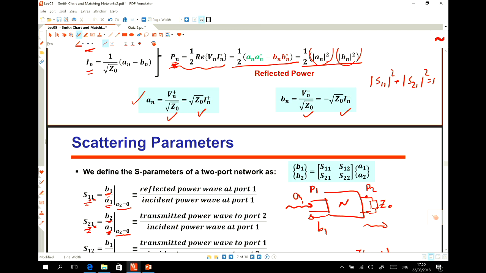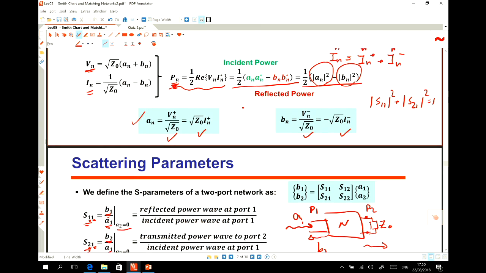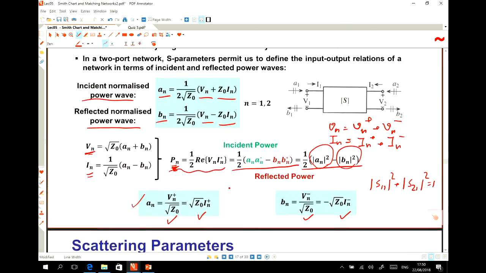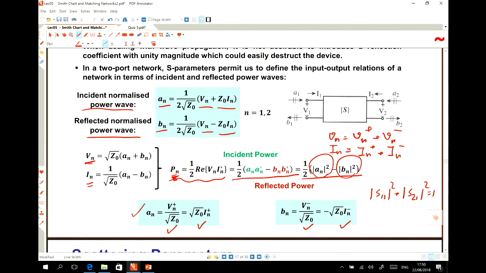S is the ratio of the waves. We cannot say A is voltage or current.